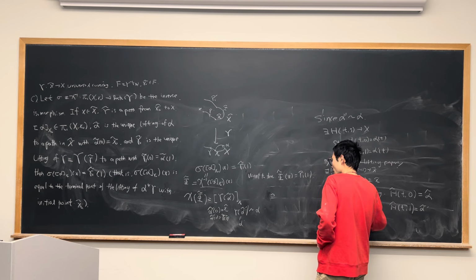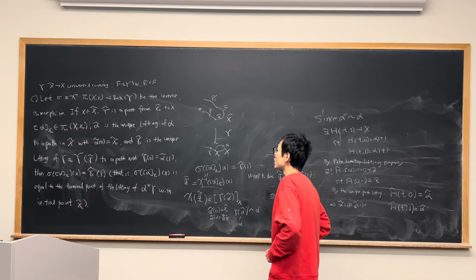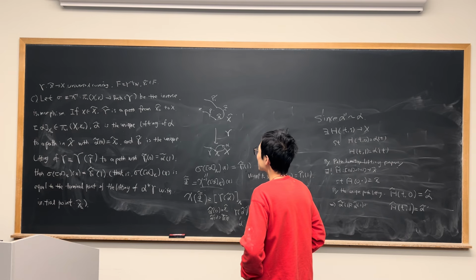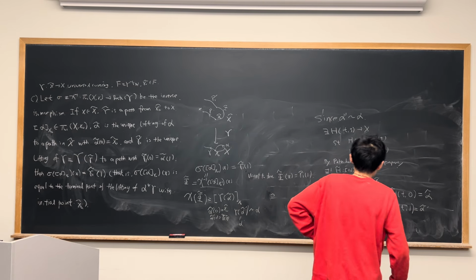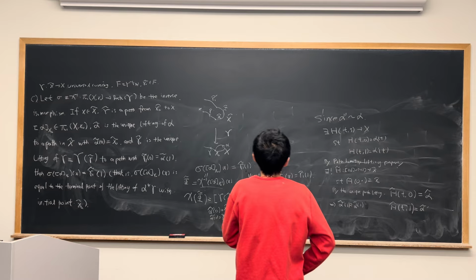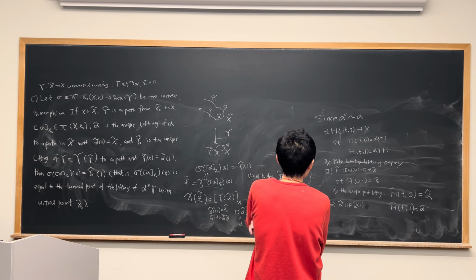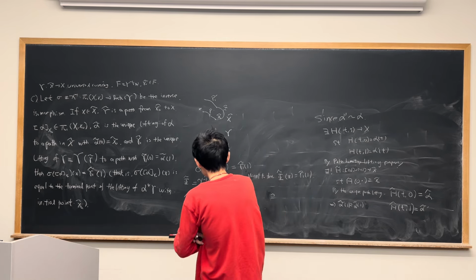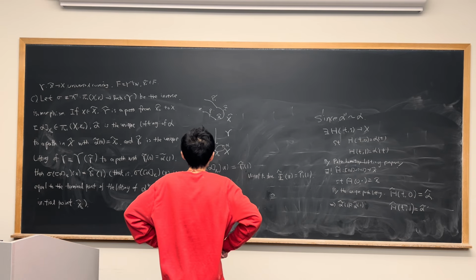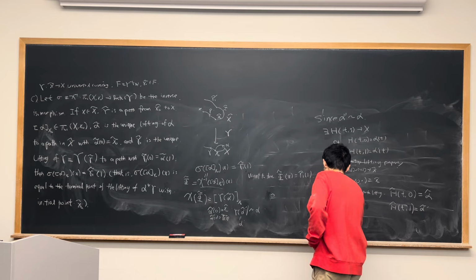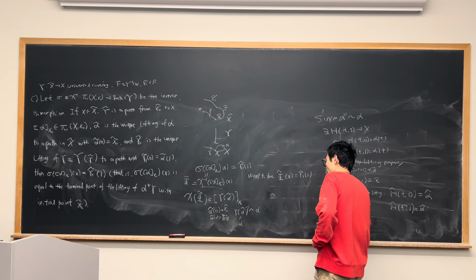So we know that this phi of this x, this implies that phi tilde of this x naught tilde is equal to this alpha tilde 1.